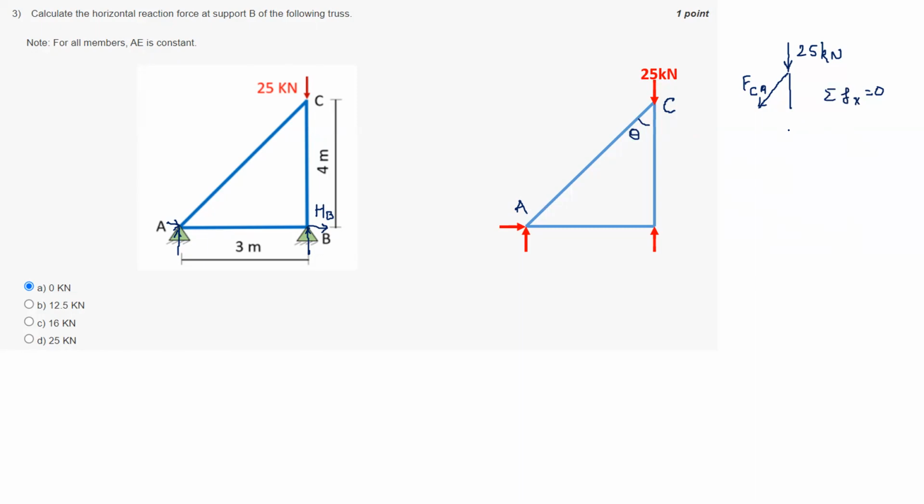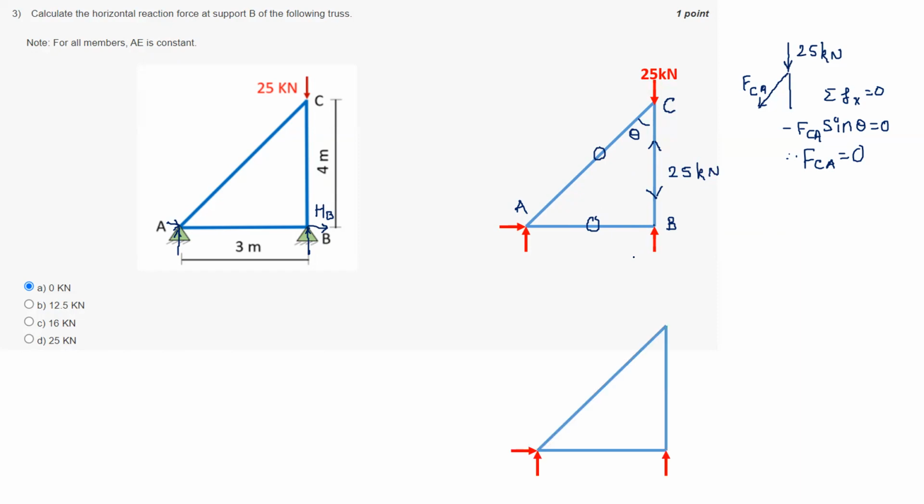So we have minus FCA horizontal, sine theta, which is equal to 0. And therefore we will get FCA equal to 0. So we have force in this member 0. As this is 0, automatically by considering this joint, which is B, no horizontal, so this is 0. And then we have force in this member that is 25 kilonewton, which will be compressive.